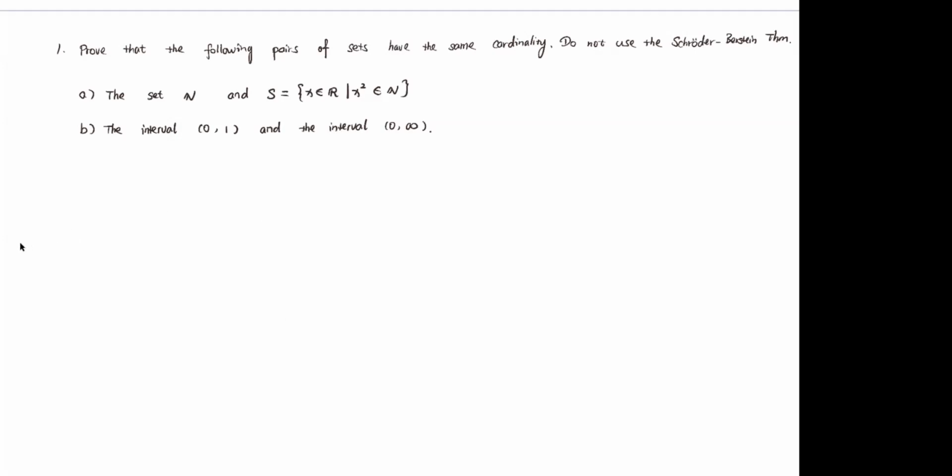Integers including 0 and square root, excluding 0 and square root of all the natural numbers. Close enough, but no. I see this might be a tricky one for you guys.